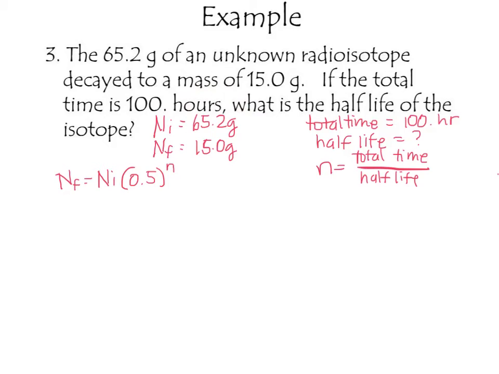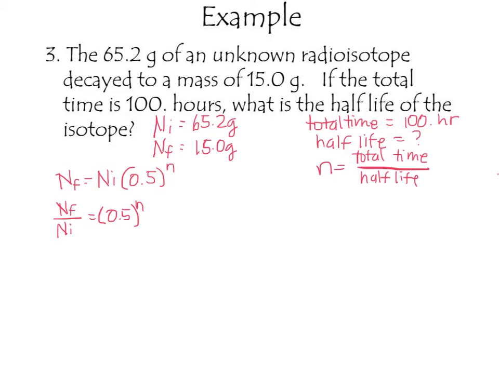Since we're looking for n this time, let's try to get 0.5 to the n alone. So if we rearrange this equation, we now have the final mass divided by the initial mass equal to 0.5 to the n power.